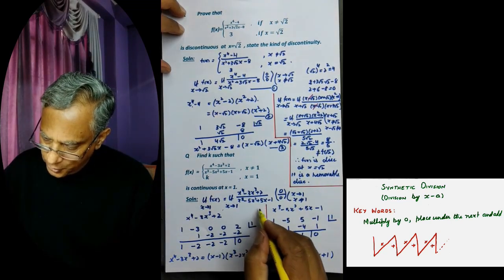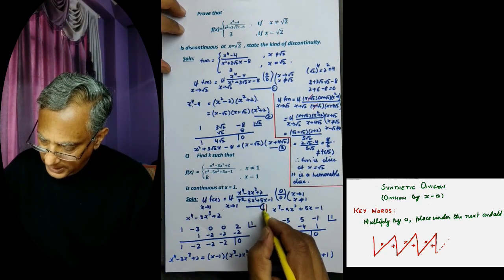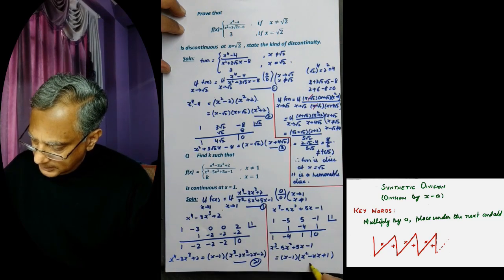So substituting these factors in, this is 1, this is 2, this is 3.